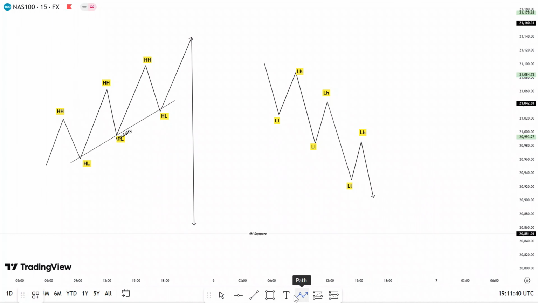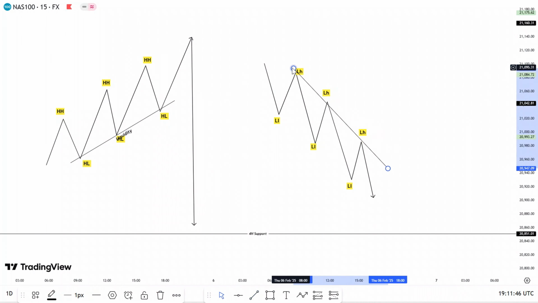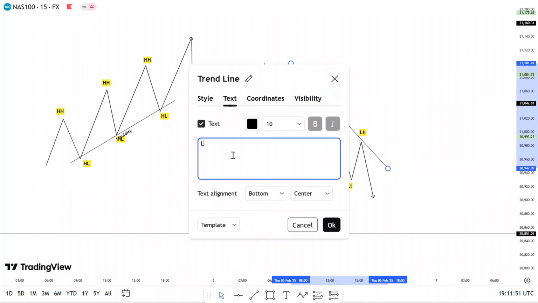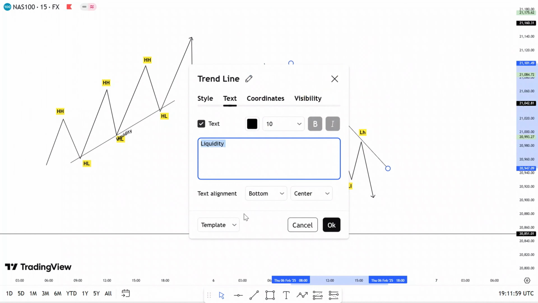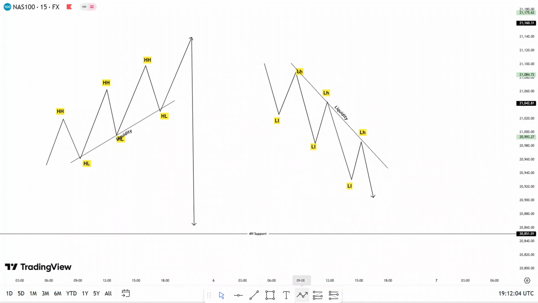Then for this one, the liquidity is resting above it. Liquidity. Because for this one, we are looking forward to buy the market to clear out the entire liquidity, right?